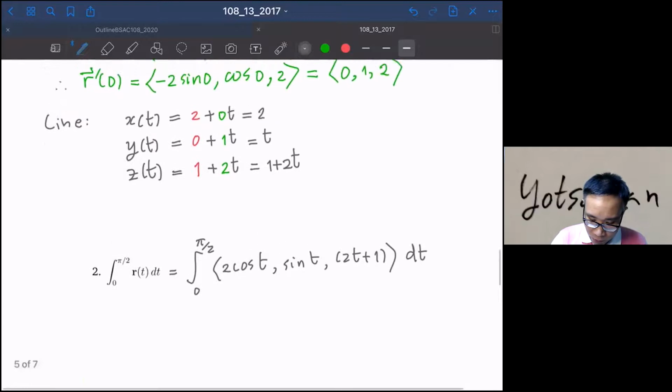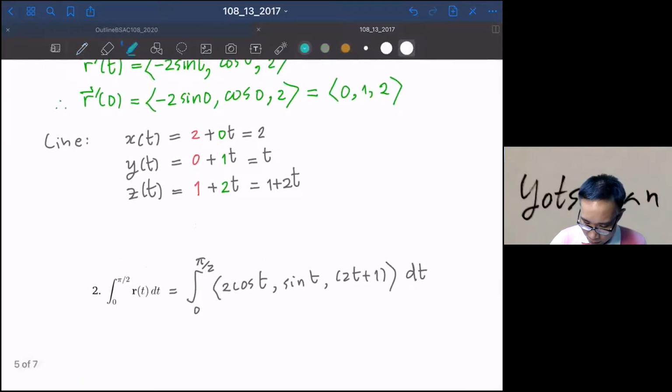So you're going to just have this guy and this guy.